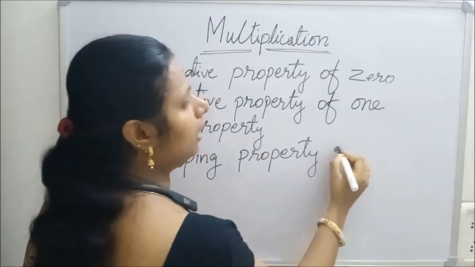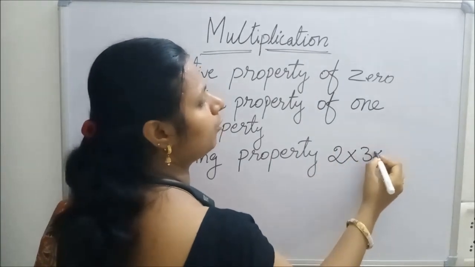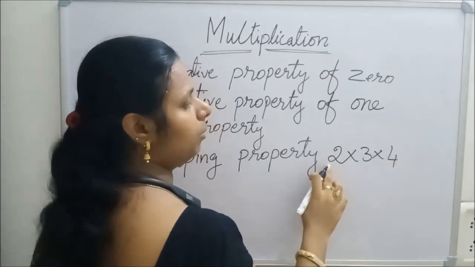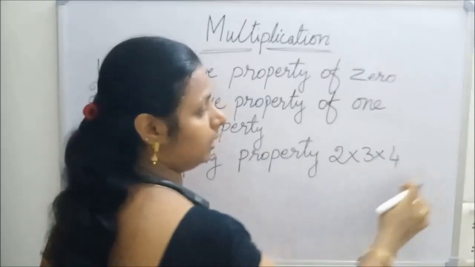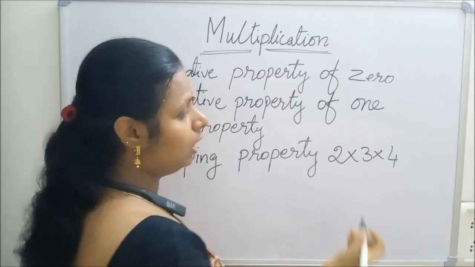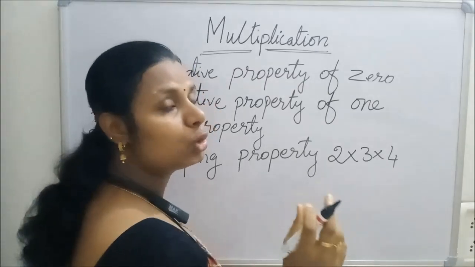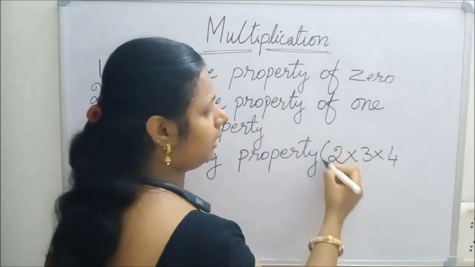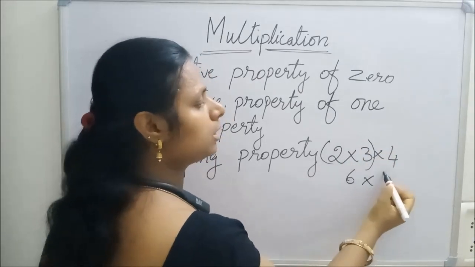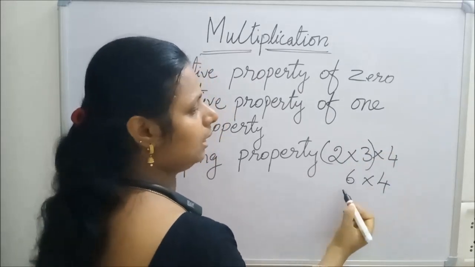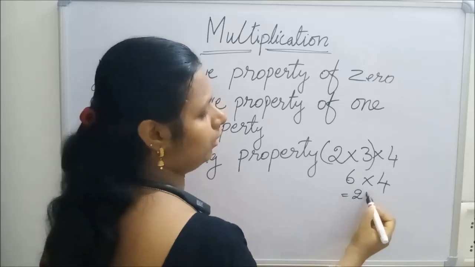For example, now I am telling 2, 3, 4. So I cannot multiply at a time all 3 numbers. एक ही बार में ऐसे सबकी टेबल बोल दें, ये तो नहीं हो सकता. So I have to select any 2 numbers. जैसे अभी मैं ये दोनों को लिया, 2 3s are 6 बोला, फिर उसके बाद then I take the next number, 6 4s are 24.